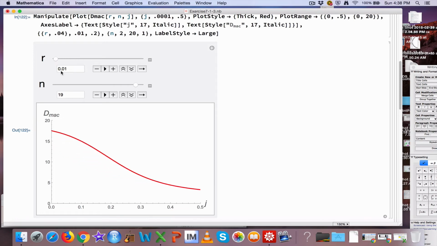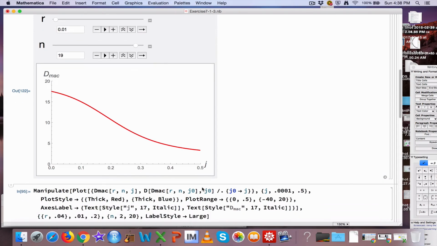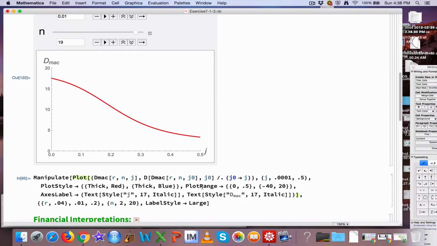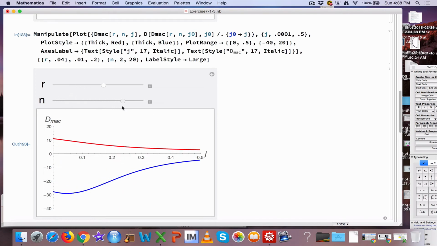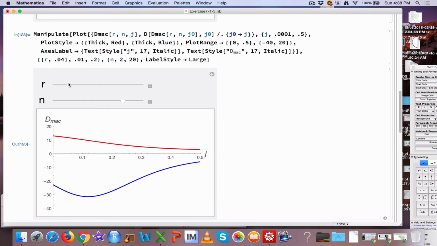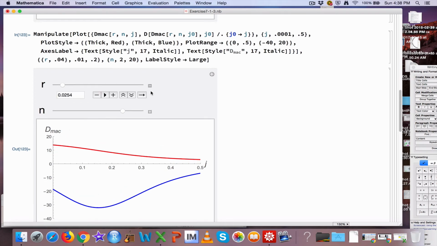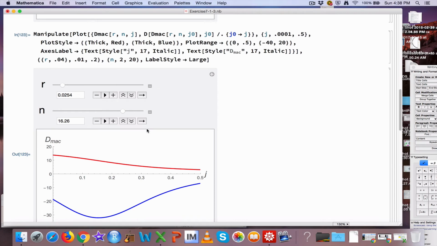Another interesting thing to see is that for small r and large n, this graph has an inflection point. It's concave down here and then concave up there. You can emphasize that by graphing its derivative. This graphs its derivative in blue. The red graph is the one we were seeing already, and the blue graph is its derivative, and you can see that the derivative has a minimum in this particular situation when r is 0.0254 and n is 16.26.